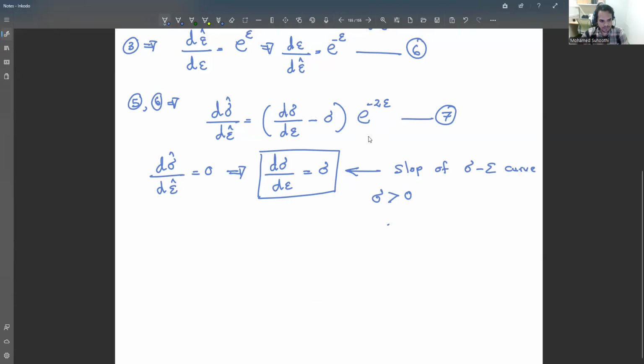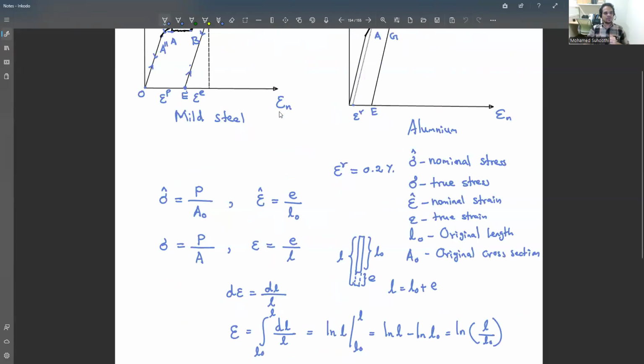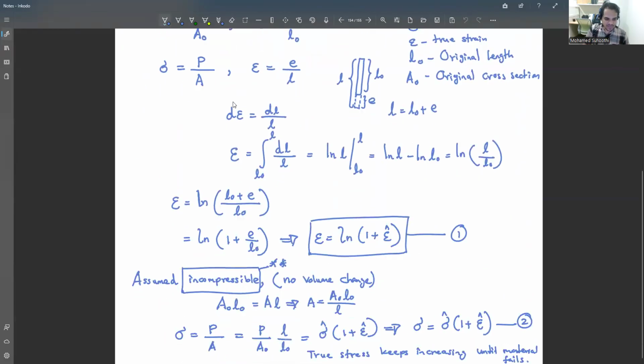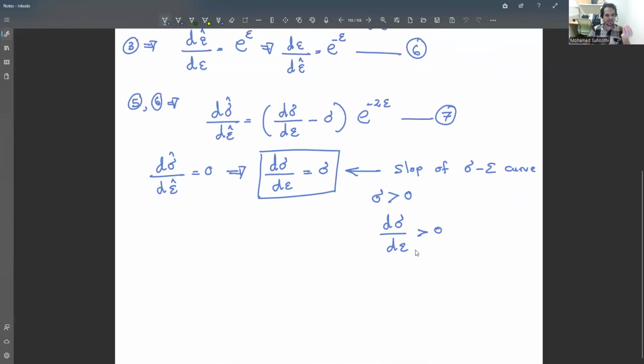So d sigma over d epsilon is always greater than zero, which means the slope is always positive. Therefore you never get a declining portion; you always get an increasing portion. That is what I told you.